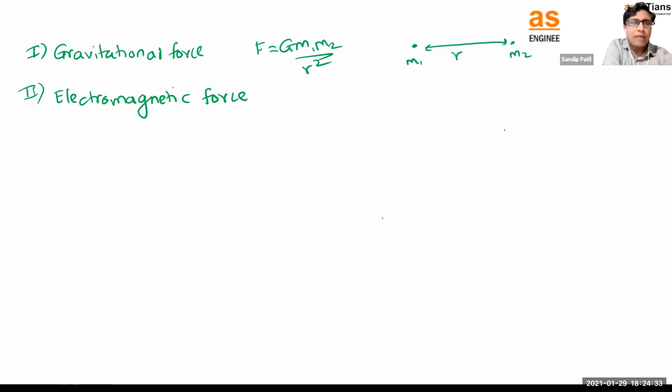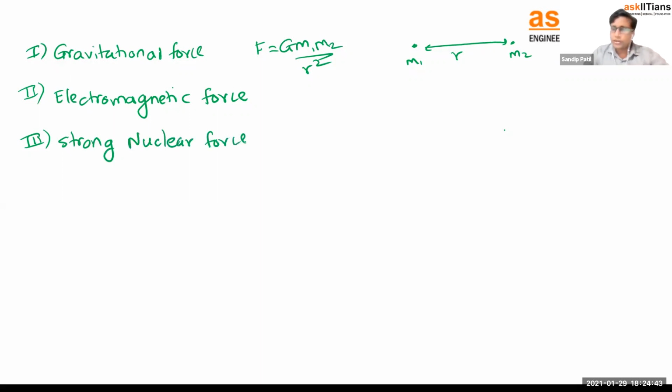Okay. Then we also have one more force, which is called the strong nuclear force. As the name suggests, it is in the nucleus of the atom. We have studied that also, right? In the nucleus, we know there are protons and neutrons.